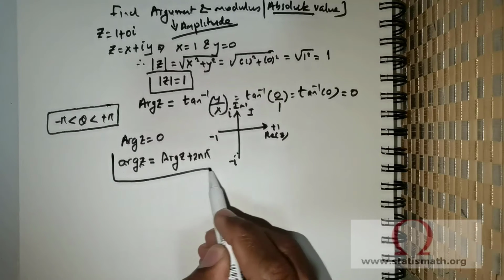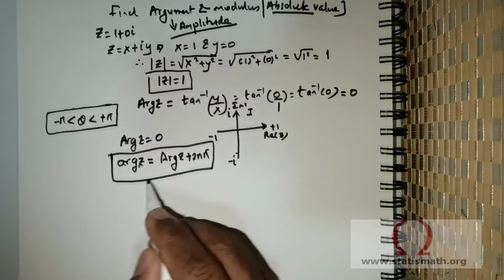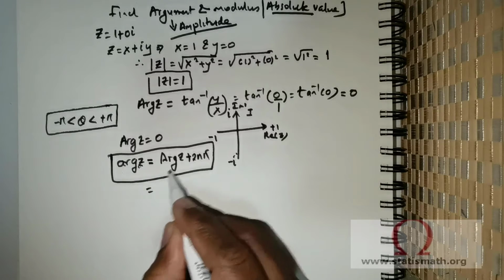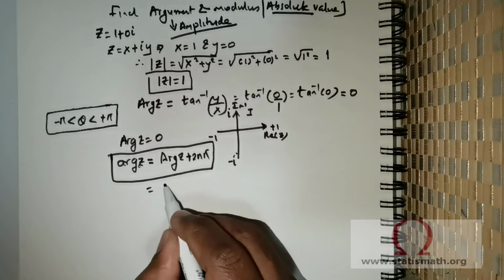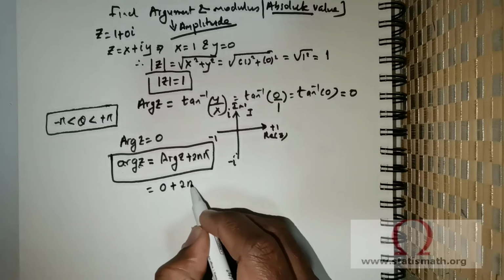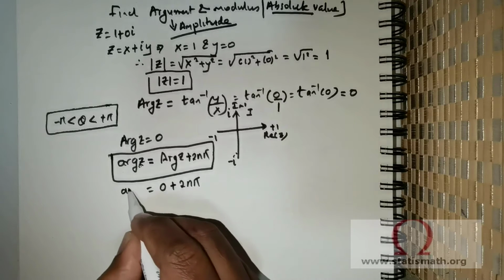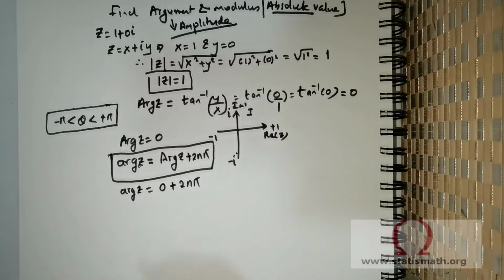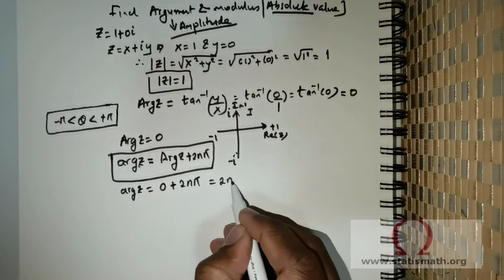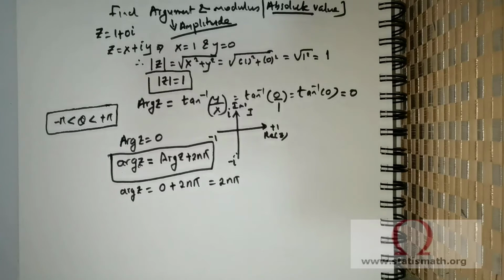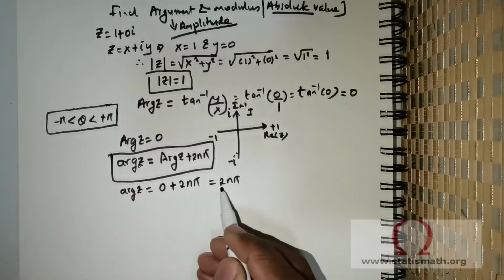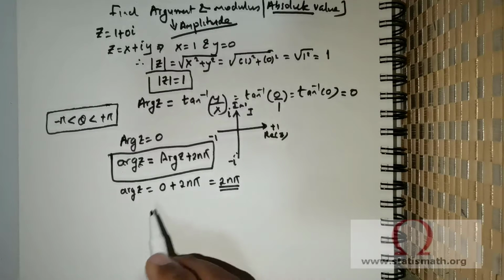Okay, so this is a very important formula that you have to know. So from this formula, argument of z is 0, that has to be added with 2n pi, and that would give us the required argument for the complex number, which in this case is 2n pi. So the solution is obtained in this fashion.